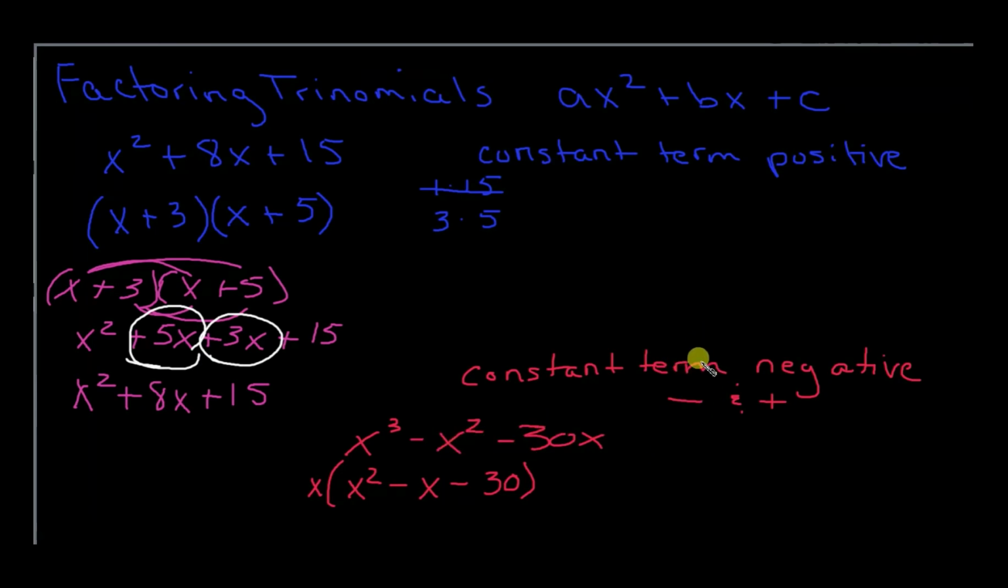You can say 6 and 5. 6 times 5 is 30, but how do we make that negative 30? We make one of the terms negative. If we do negative 5 times 6, we get negative 30, but does negative 5 plus 6 give us negative 1? No, it gives us positive 1. So make the 6 negative and multiply it by positive 5, which allows you to break it down into your binomials.